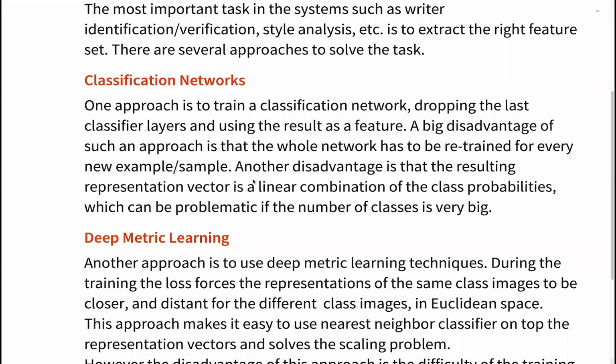Whenever you want to retrain this for new samples, you have to do the whole training from scratch, and this is very computationally expensive. Another disadvantage is that the resulting representation is just a linear combination of class probabilities, which is a really big problem if the number of classes is big.